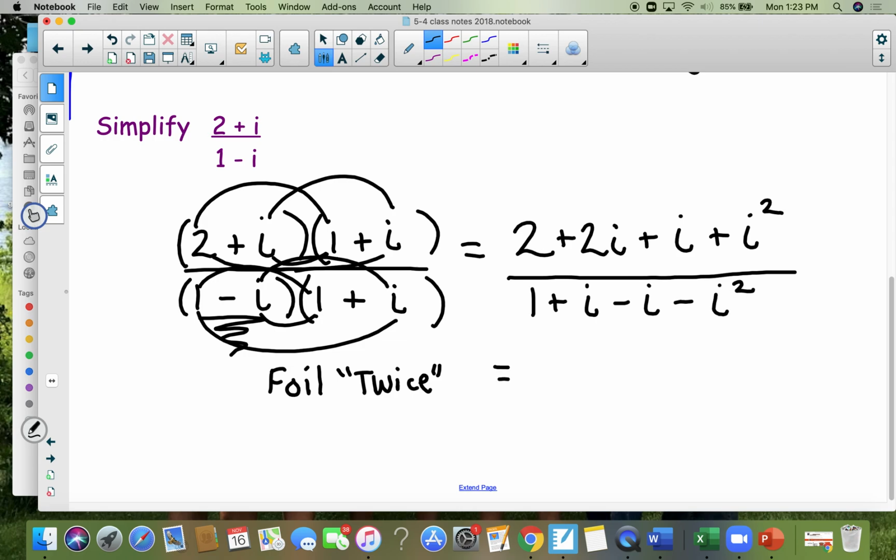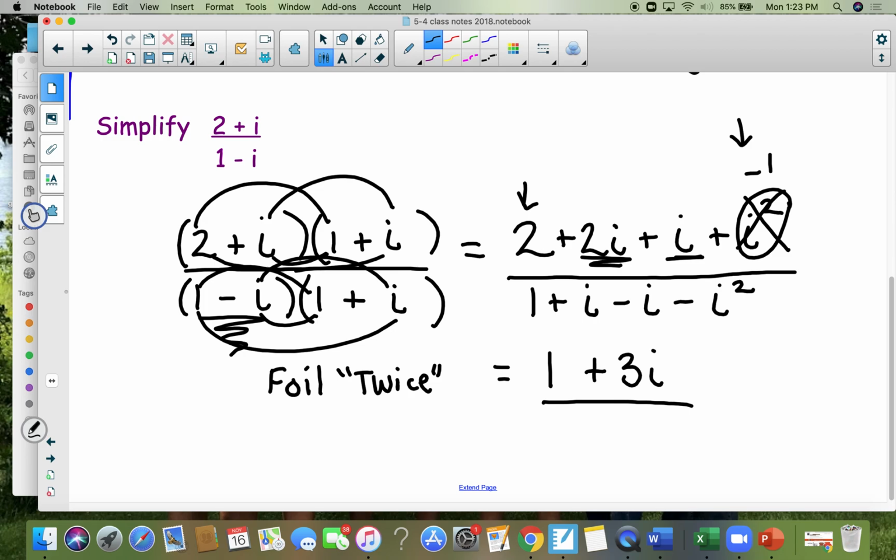Okay, we simplify this. Remember, I squared equals a negative 1. I can put the 2 and the negative 1 together to make a positive 1. And 2i and 1i gives me 3i. On the bottom, the I and the negative I cancel each other out. Remember that this makes a negative 1, so a negative of a negative 1 equals a positive 1, and a positive 1 and a positive 1 makes a positive 2.